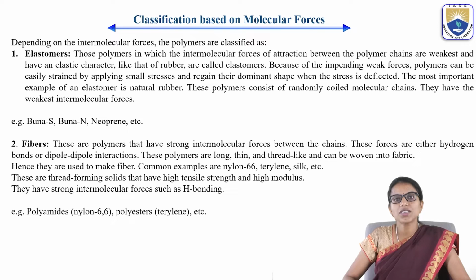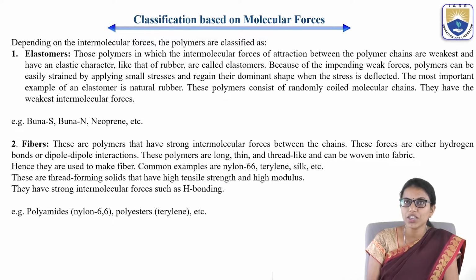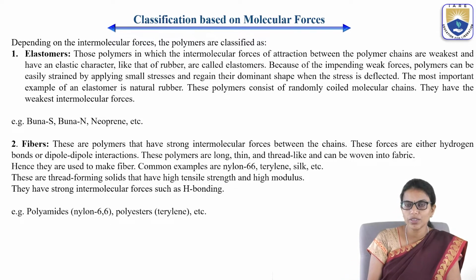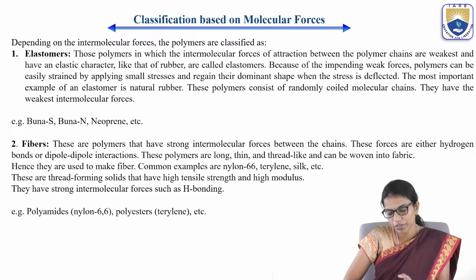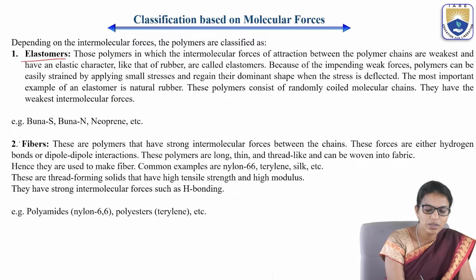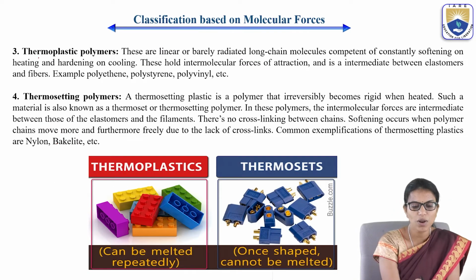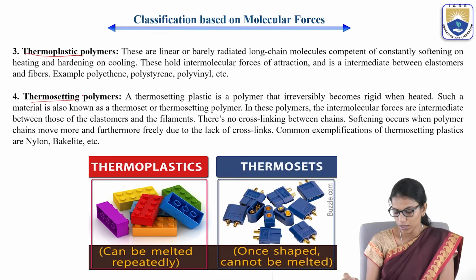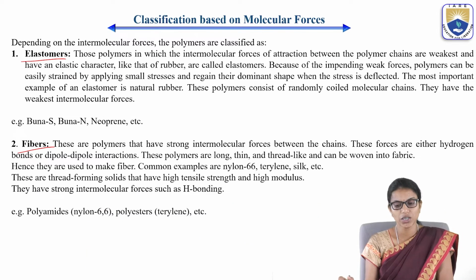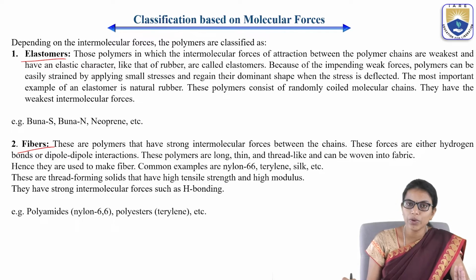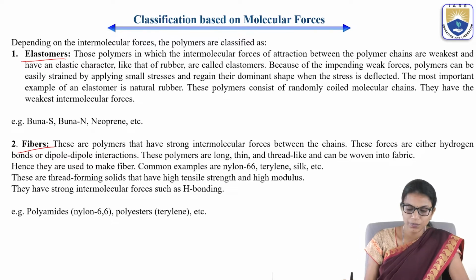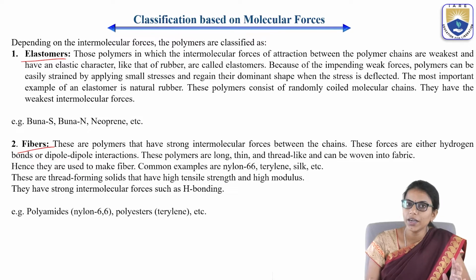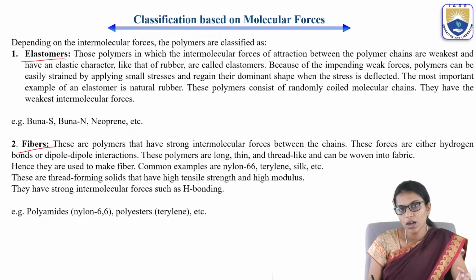Now coming to the last classification, that is the classification based on molecular forces. This is further subdivided into four parts: elastomers, fibers, thermoplastic and thermosetting plastic. These are the four types of classification of polymers based on molecular forces, especially intermolecular forces.